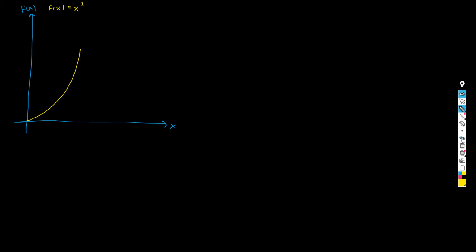Let me redo it. Okay, that's good. And let's suppose that my point (1, 1) is right here. So how do I calculate the slope of the tangent line at this point?